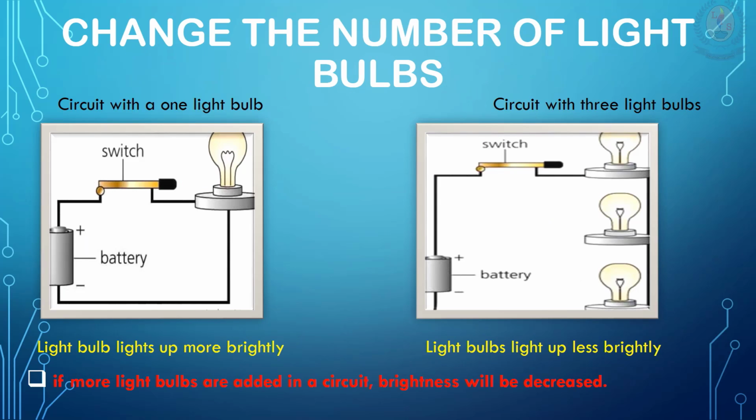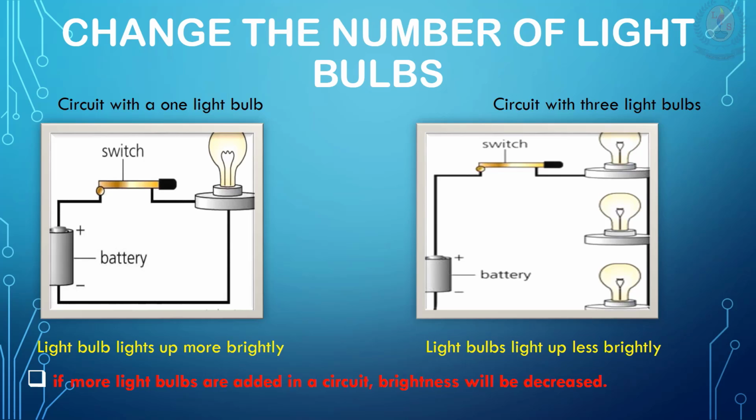Next, change the number of light bulbs. Okay, in the previous slide, we learned how the brightness can change by changing the number of batteries. Look at these two pictures. What can you see? Yes, we can see there is only one battery in both circuits.